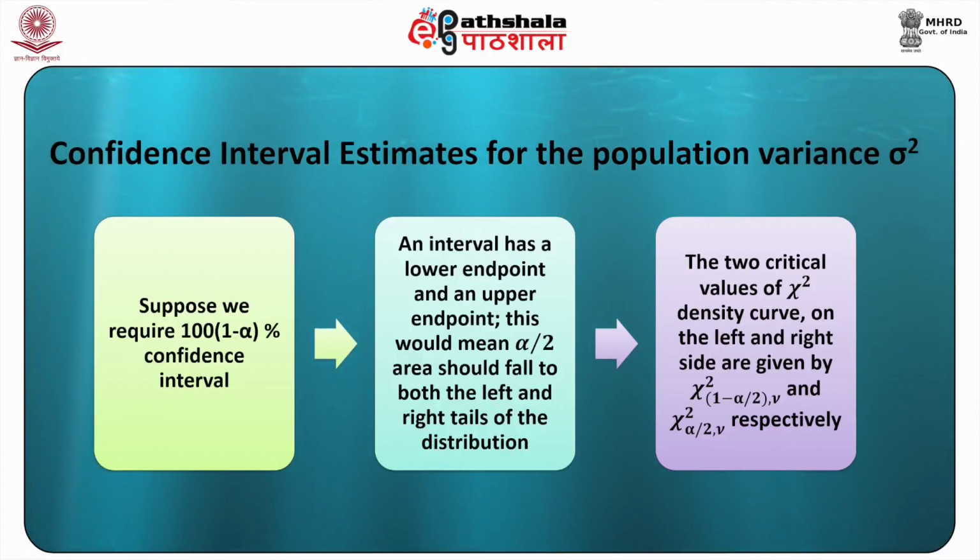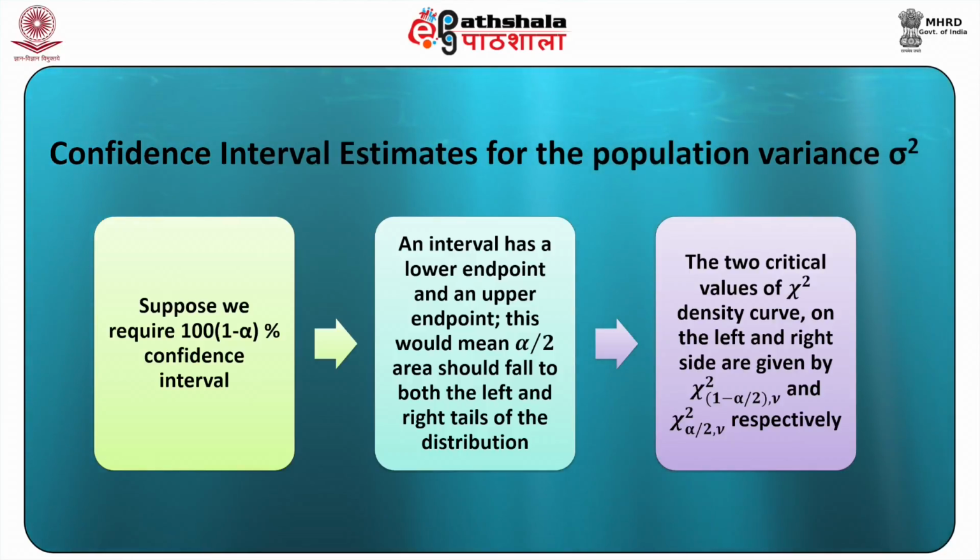Suppose we require 100 into 1 minus alpha percentage confidence interval. An interval has a lower endpoint and an upper endpoint. That is why it is an interval. This would mean we have alpha by 2 area on both the left and the right tail of the distribution.